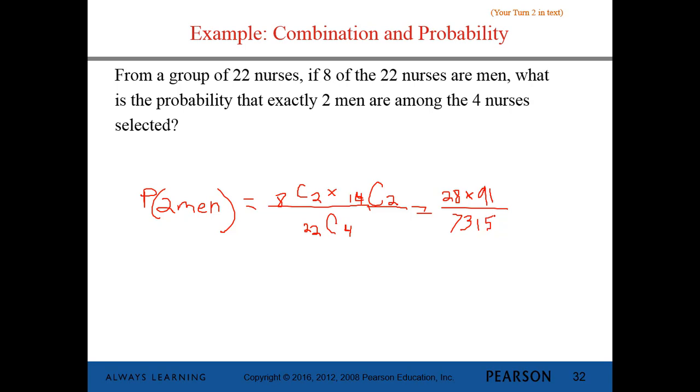Okay, and when you plug it into your calculator, what do we get? We get 28 times 91 divided by 7315.